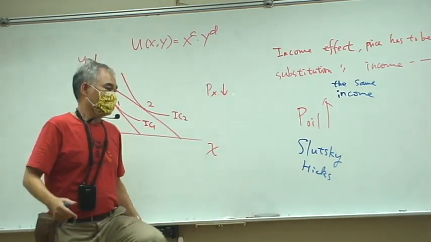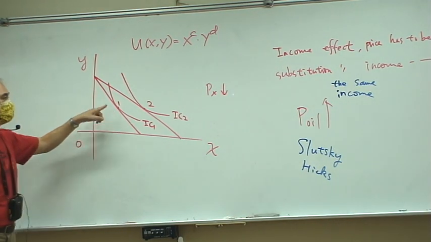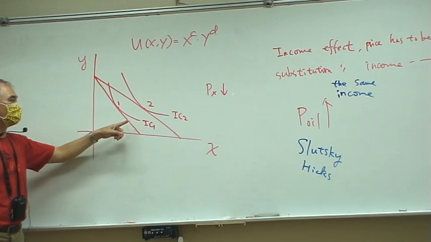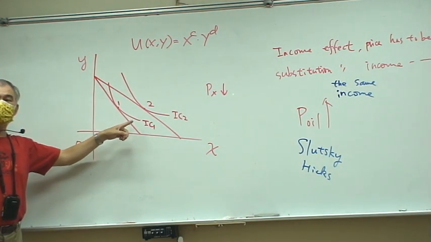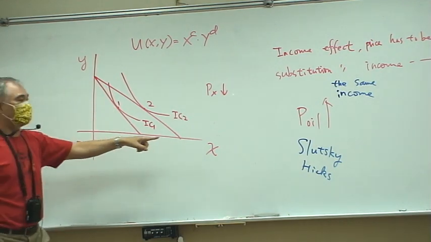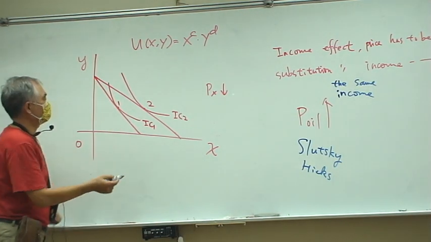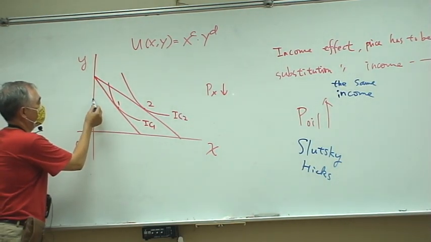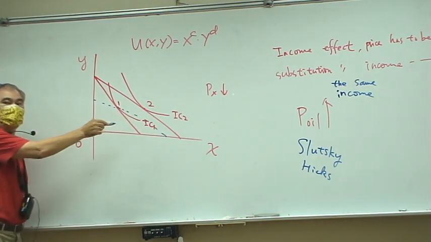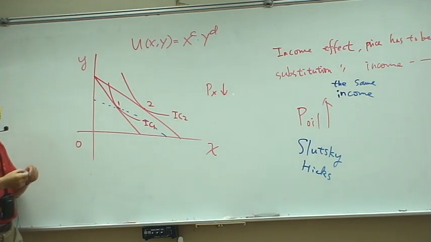So if we want to find some point that is at the same income level as point 1, we have two choices. The first choice is Slutsky. I can draw a budget line across point 1. What does that mean?